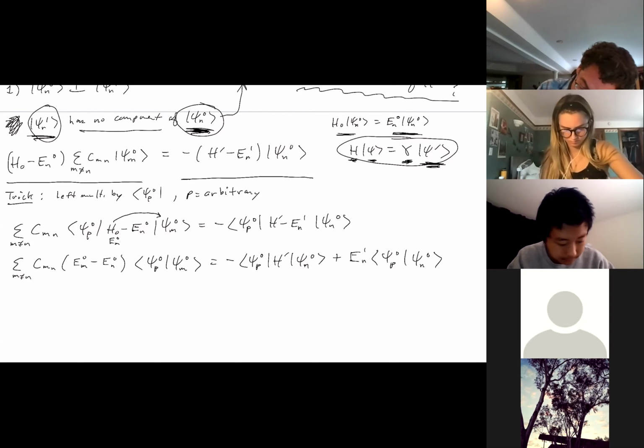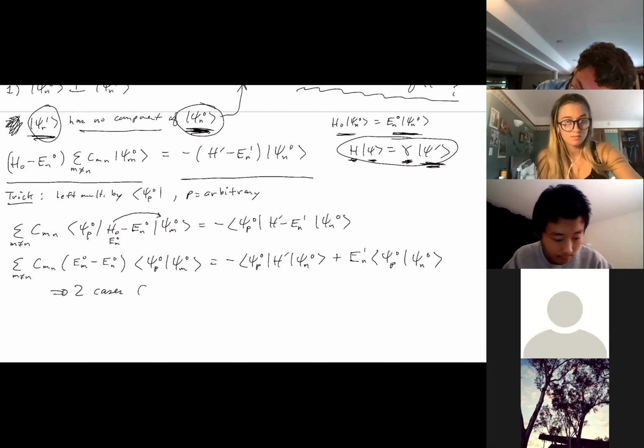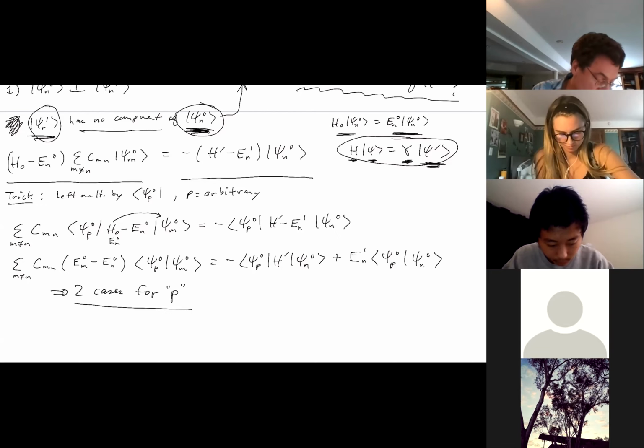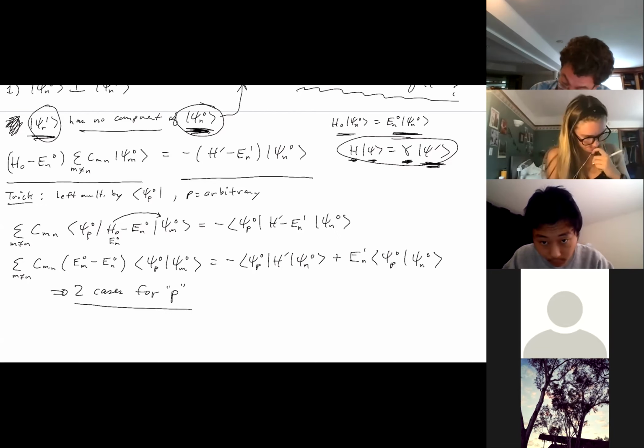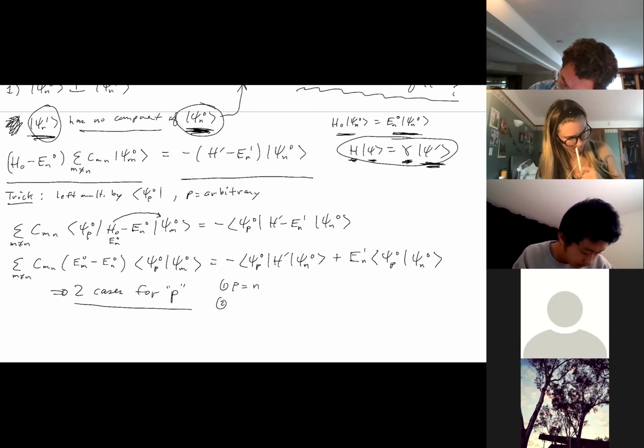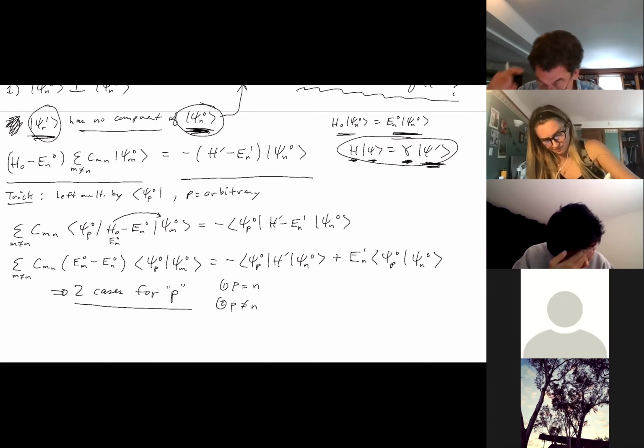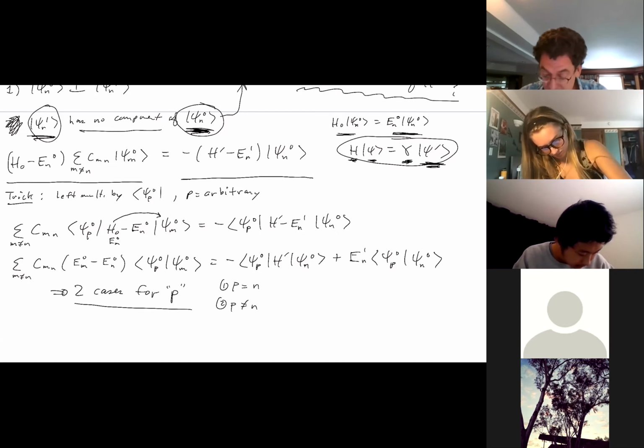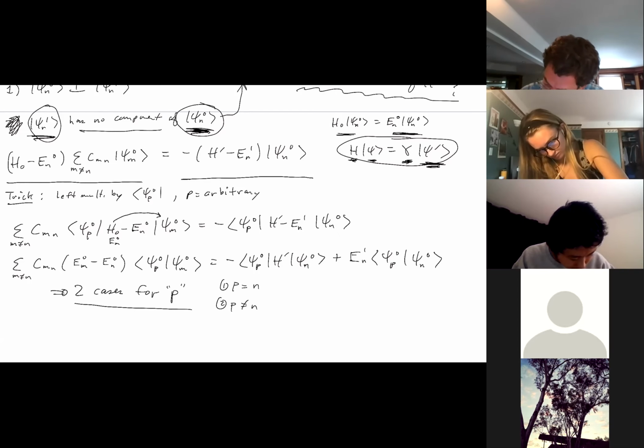So let's break it up into two cases for p. One is p equals n, and the second case is p does not equal n. And you might be getting lost in all the notation. You just have to remember what we're solving for.